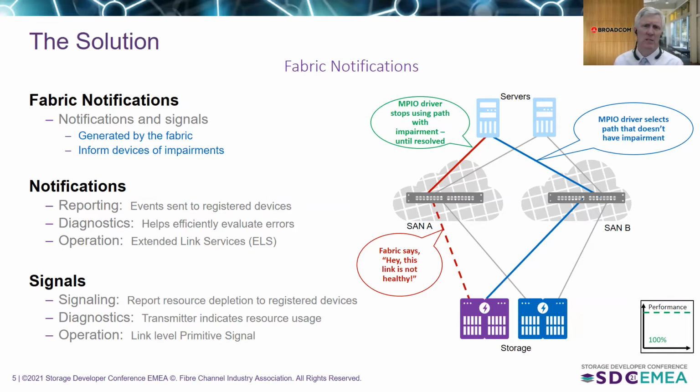The signaling mechanism is a hardware-based detection capability that allows two ends of a link to provide a bit of additional information about what's going on at the transmitter. That is, the transmitter can provide a hardware-based signal to the receiving side of the link to indicate that the resources on the transmitter are being consumed.